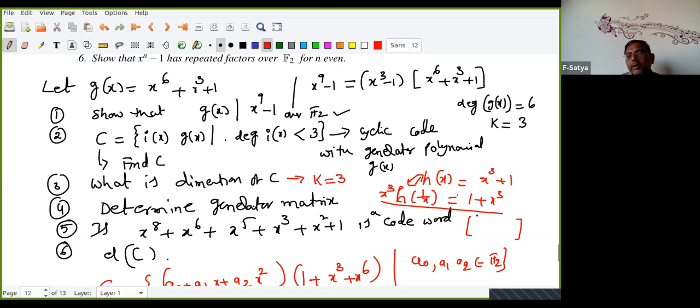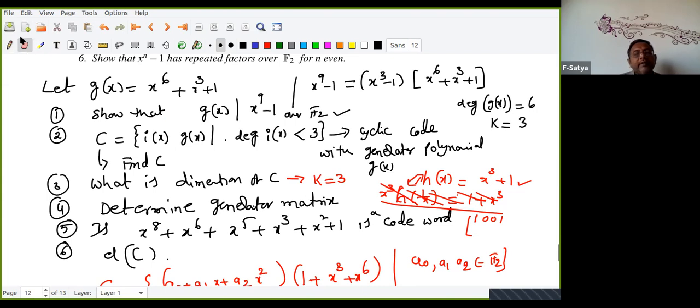So directly we will use this, but be careful: the x cube coefficient comes first, then 0, 0, 1. Now 9, 9, right?